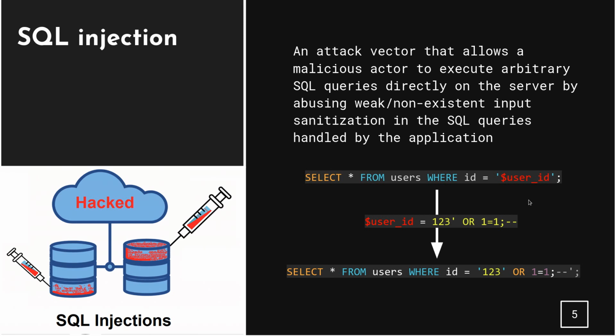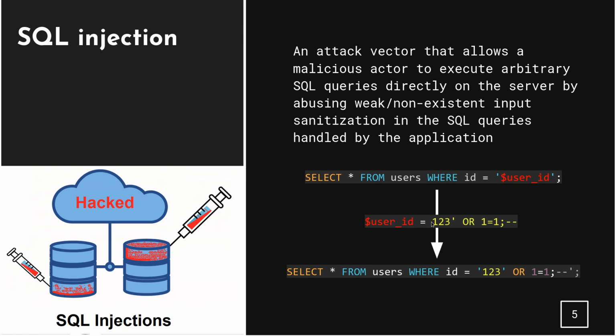It's not something hard-coded in the code. So this is where our input goes. Let's imagine it as a form where we can supply a user ID, and it returns the info about a user who has that specific user ID. A normal usage of this application would be to supply an ID like 1 or 2, and then the website returns information about the user. So what if we did just this?